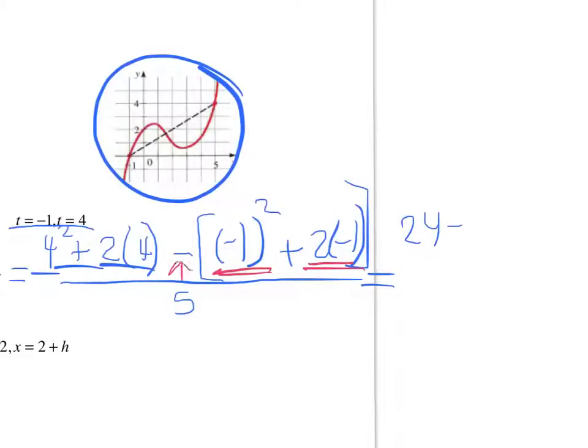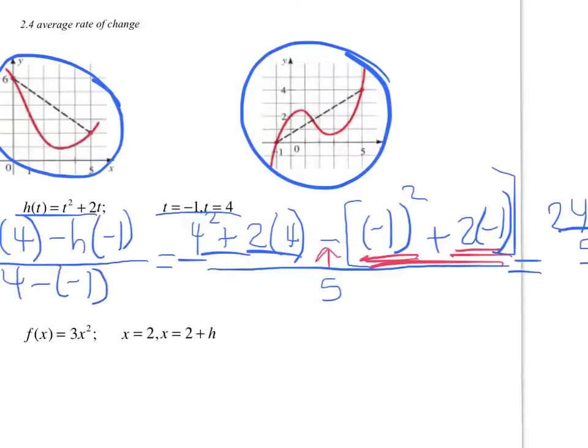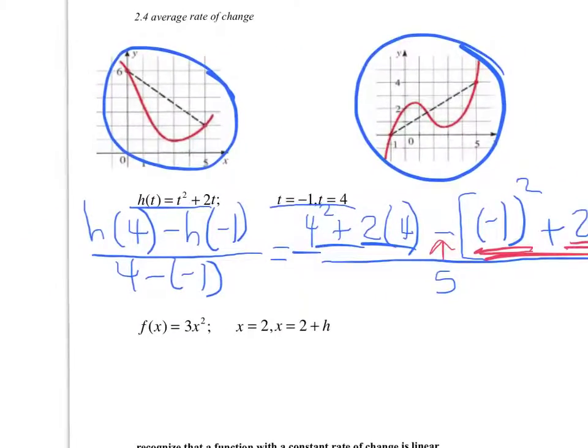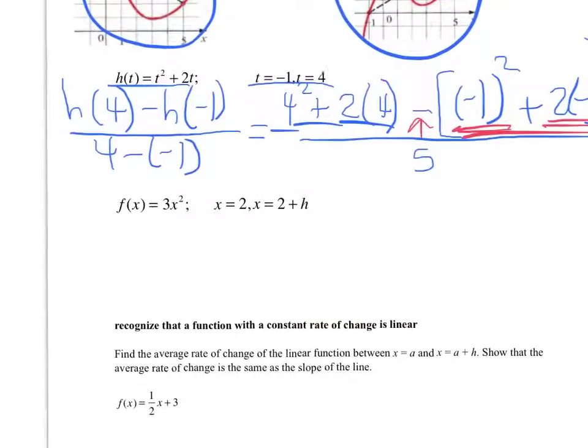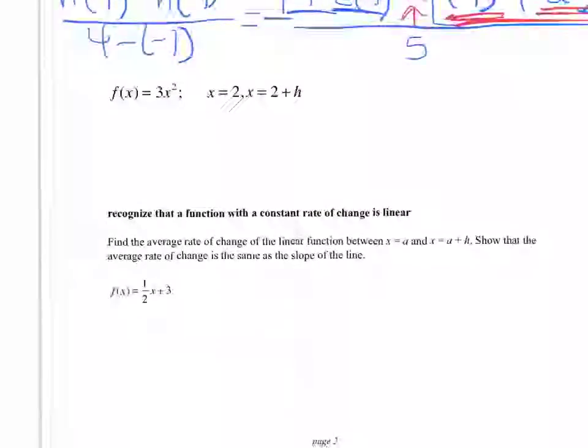So the negative of -1 is +1. So that minus is going to become a plus. A plus 1 divided by 5. 24 plus 1 is 25, and 25 divided by 5 is 5. So we get 5 as the average rate of change of that function. I'll let you do the next one, and I'll let you do this one as well.